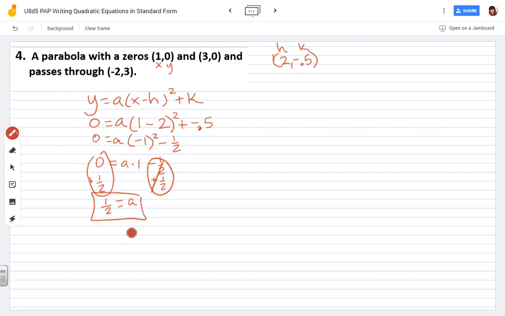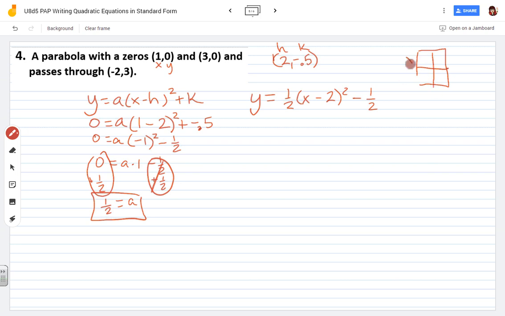Okay? Let's go ahead and look at putting together our vertex form. Leave the y, put in the a, leave the x, put in the h, and then minus 1/2. This would be great if they wanted vertex form.